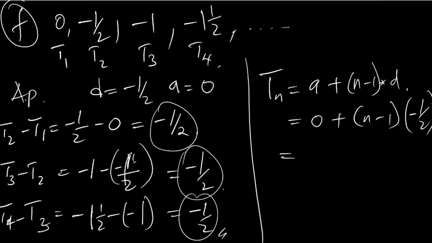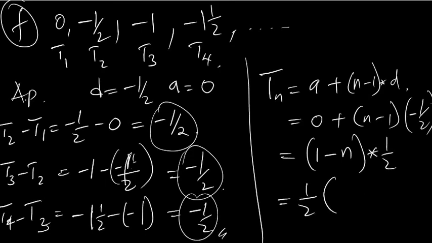So if we multiply by minus half, we now have half times 1 minus n, or 1 minus n over 2. So this is the final answer, the nth term of this problem. Now, this is the end of this problem.